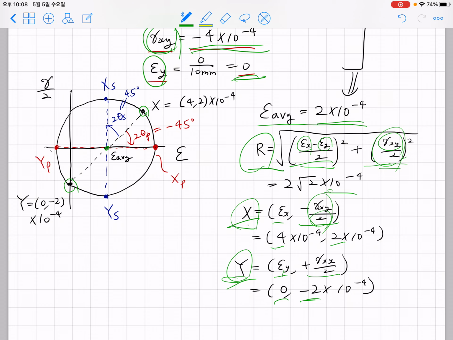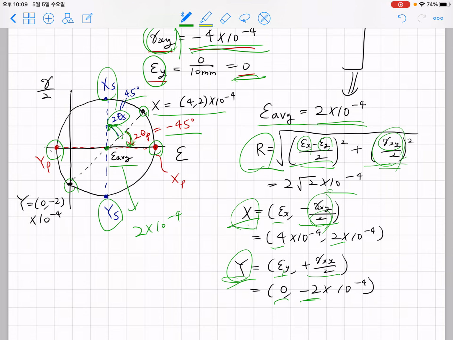Maximum shear strain would occur here and here, by rotating this angle by 2 theta s, and the principal strain would occur by rotating the axis on the Mohr circle by 2 theta p. If you look at the position of this (4, 2) and the location of epsilon average, which is 2 times 10 to the negative 4, you can find that this is negative 45 degree, and this is 45 degree.